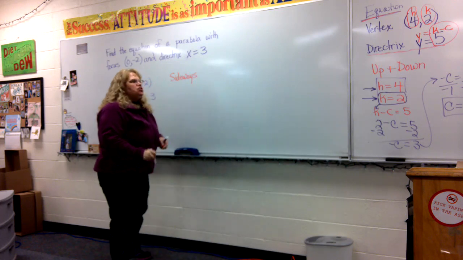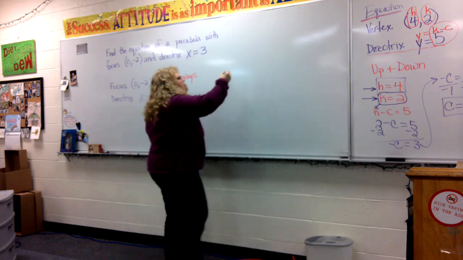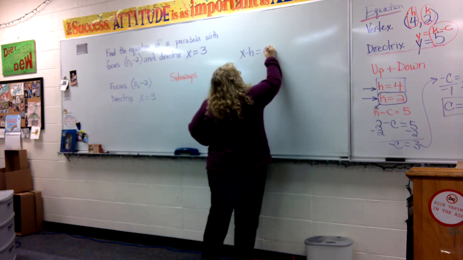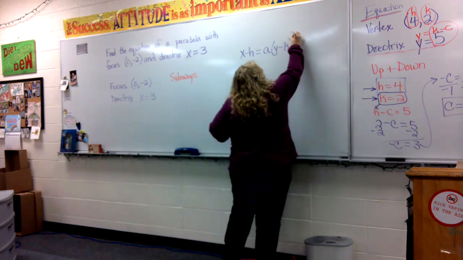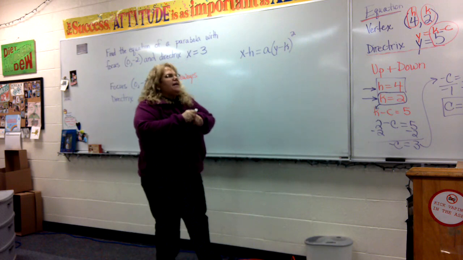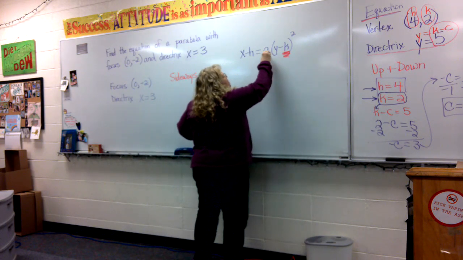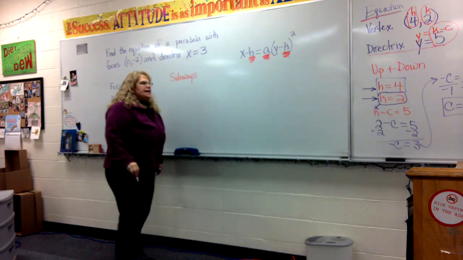And the general form for a sideways parabola, it says over there, is x minus h, y minus k, all squared. And don't forget, what do we have to fill in? The h and the k and the a.